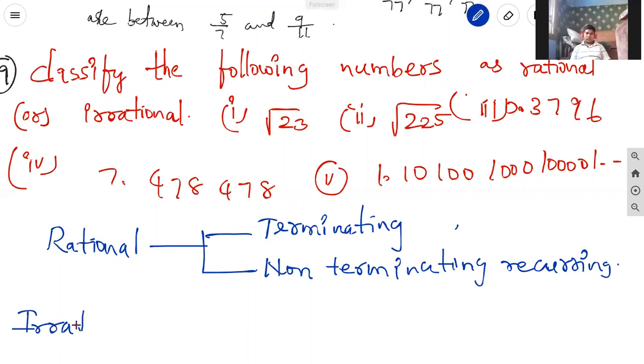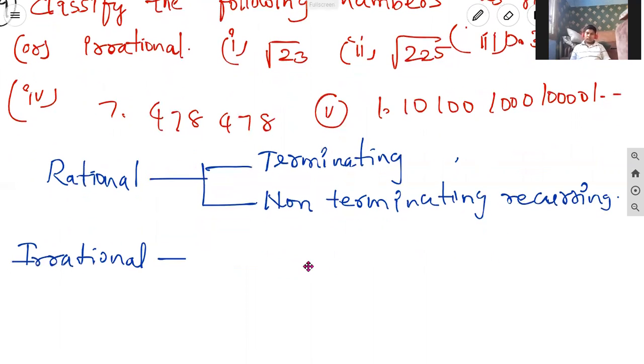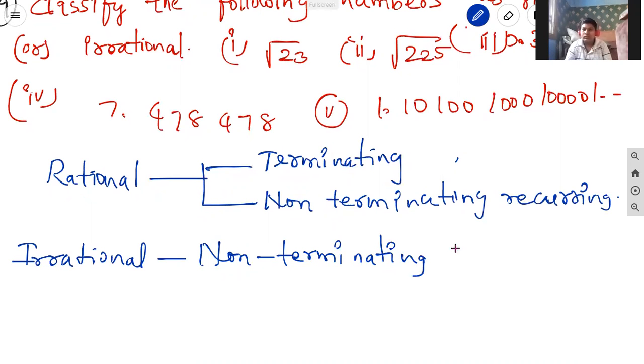Irrational numbers means only which can be expressed in the form of non-terminating, non-recurring. You should remember, don't forget, don't confuse.